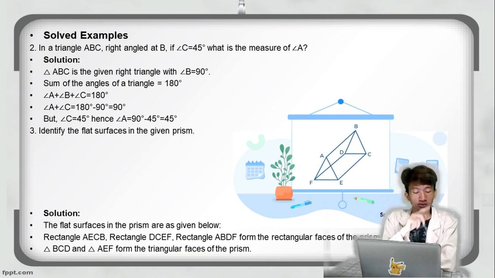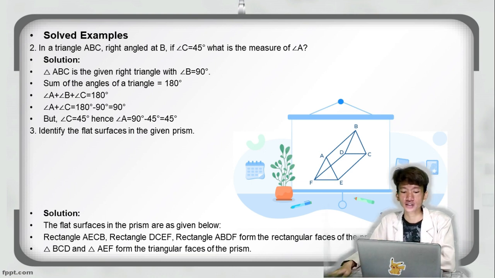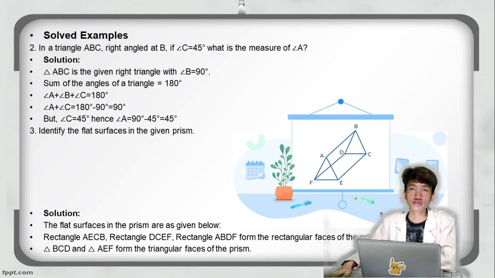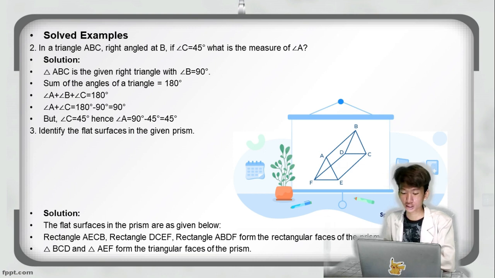And then angle A + angle C = 180 degrees - 90 degrees = 90 degrees. But angle C is equal to 45 degrees. Hence, angle A = 90 degrees - 45 degrees = 45 degrees. Then number 3, you can see the picture and solution on screen.